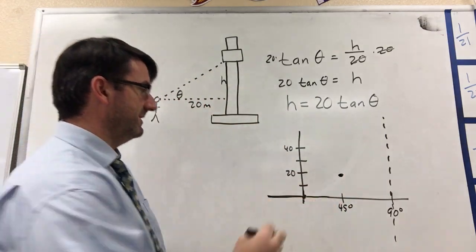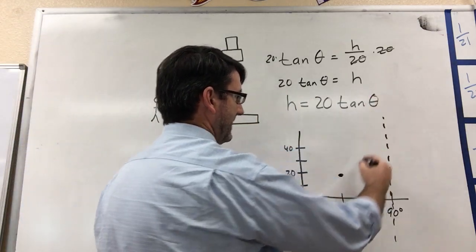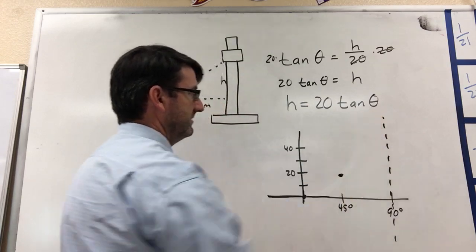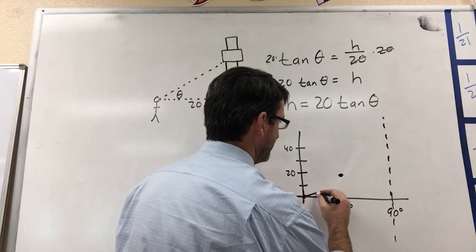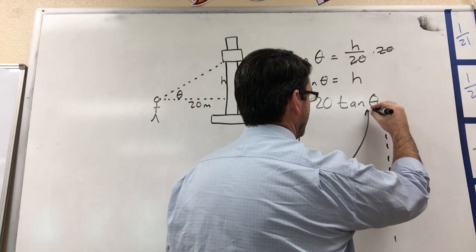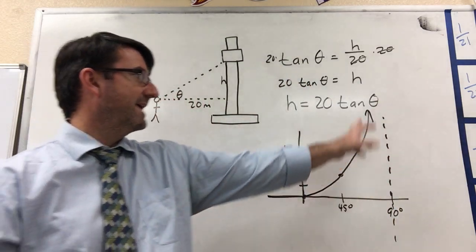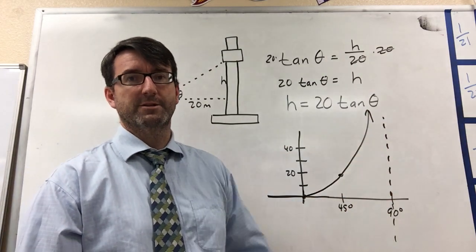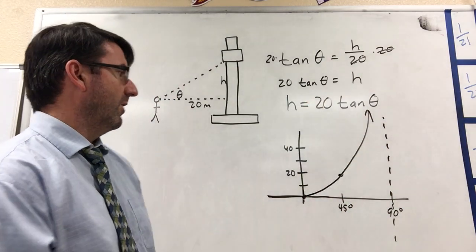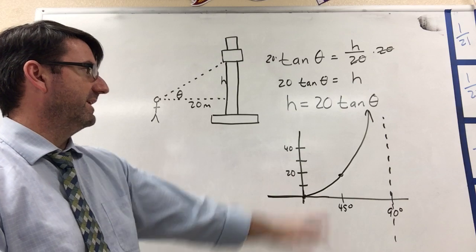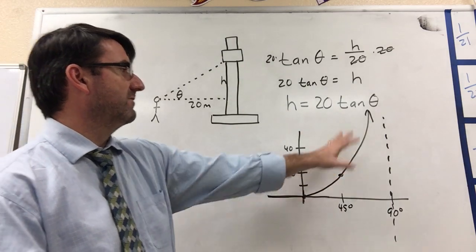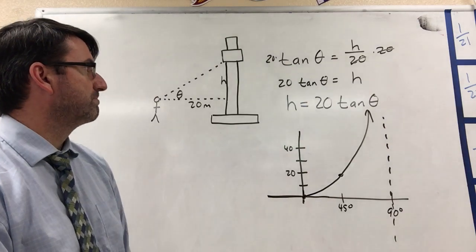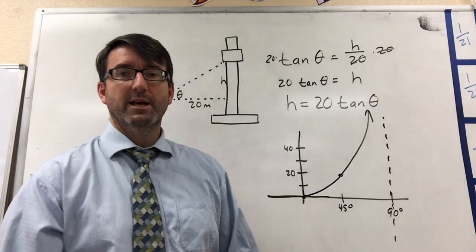And then remember that the tangent makes this kind of curve that goes like that. And so from here up, it's just going to curve, and then it's going to get closer and closer to that asymptote. As it gets closer and closer to that asymptote, it's going to go up to infinity, theoretically. All right, so that's the graph of this equation.